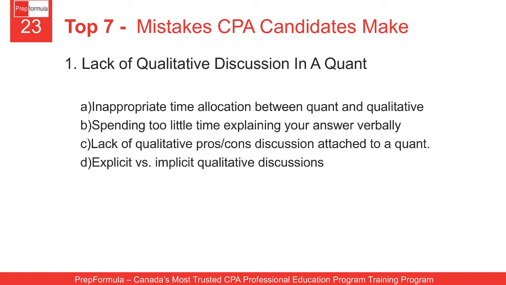The first one is lack of qualitative discussion within a quant. Sometimes people will spend way too much time giving me the right answer from a numbers perspective and won't explain why it's relevant, won't explain their adjustments, won't explain how it impacts their users, won't give me pros and cons of any decision. If you do this, you will fail.